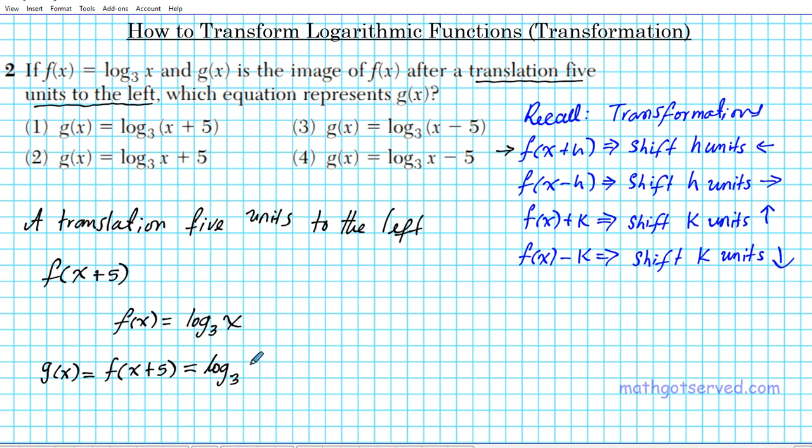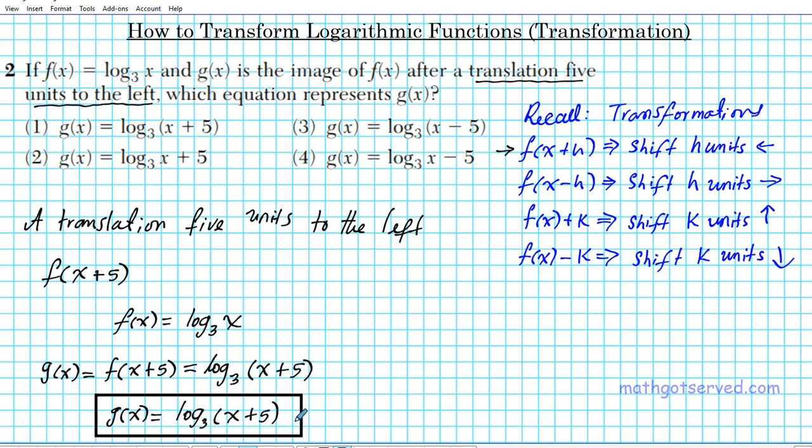So you have log base 3 of the quantity x plus 5. Our transformed function g of x, which is equal to log base 3 of x plus 5, is the image that you get when you shift the function f of x, which is log base 3 of x, 5 units to the left. So this is basically how you transform functions.